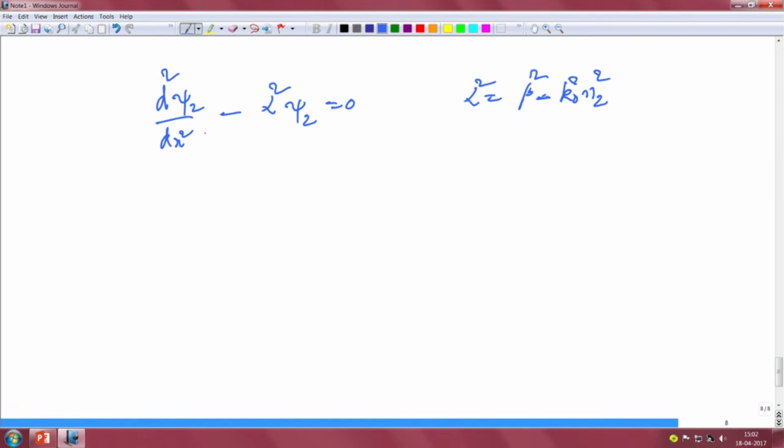So, now we know the solutions of this equation in terms of the exponential functions. Psi 2 is c into exponential of alpha x plus d into exponential of minus alpha x. So, we have these solutions to the wave equation as oscillating fields inside the core region and exponentially rising or decaying fields in the cladding region.